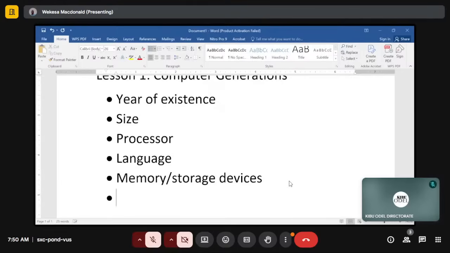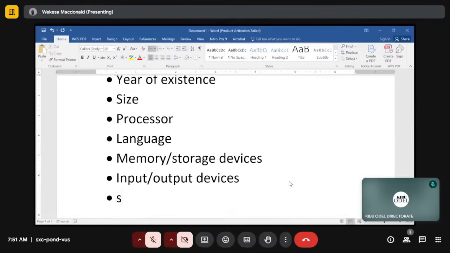You can as well mention the input devices, like the first generation were using punched cards, the second generation used keyboards, there's the introduction of the mouse, and maybe GUI graphics. So you should be able to mention the input and output devices used in that generation.